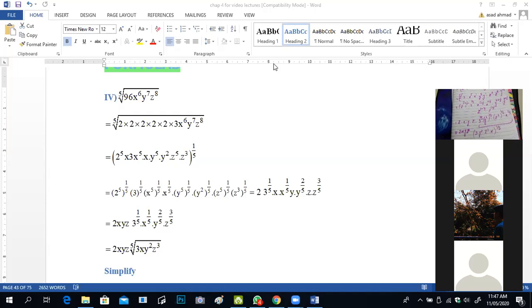Fine. So in the last step, 2xyz, and this will be written as 3xy square z raised to power 3, and I will keep it in the form of a radical like this one. So this is how you will simplify the question. It is the answer. I hope that you will understand it.